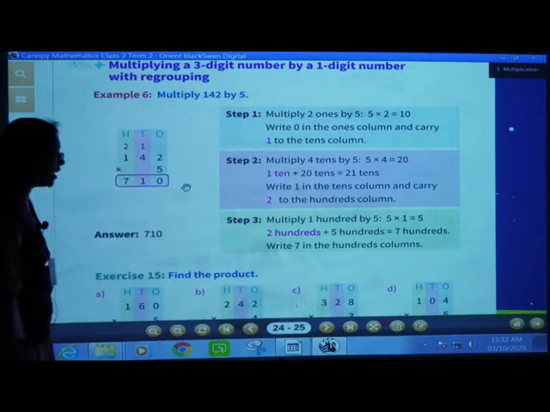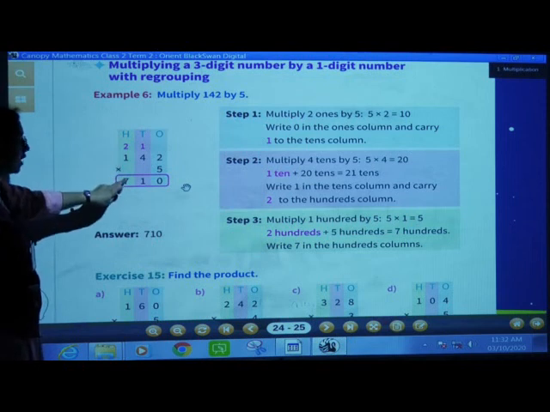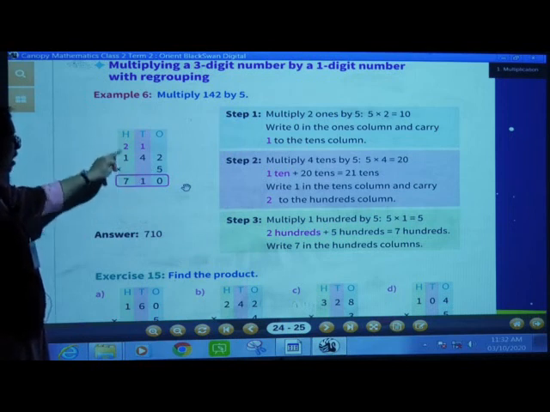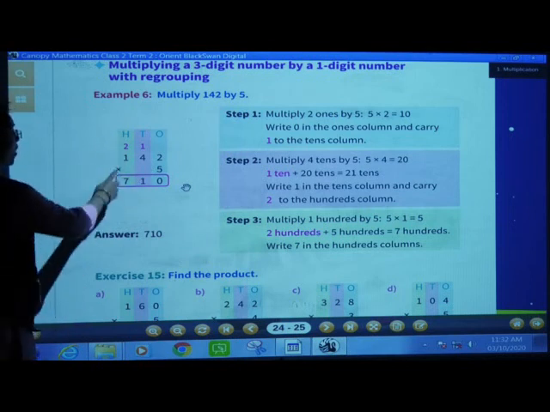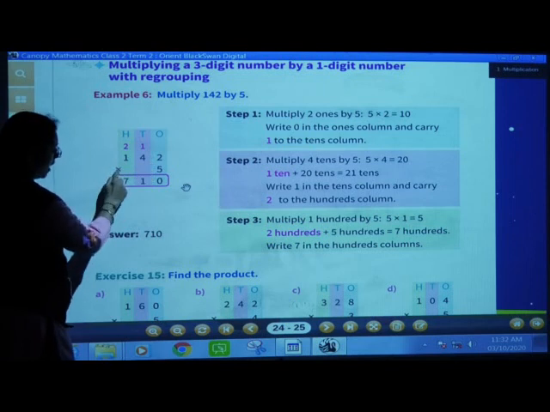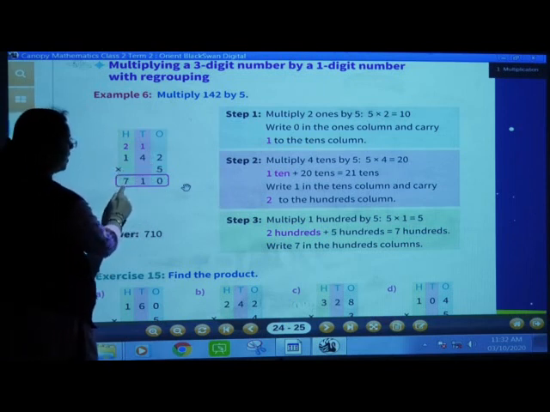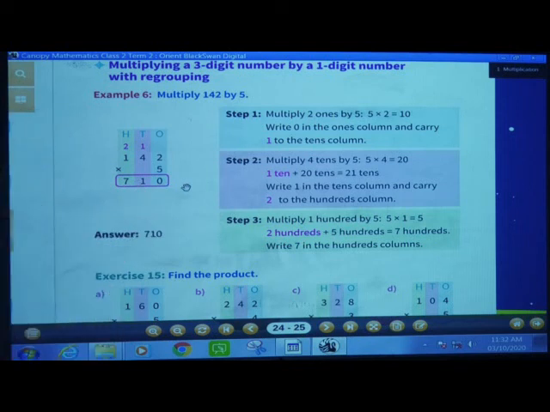Means 7 we have to write in the hundreds column. 700 is there. Therefore, 7 we have to write in the hundreds column. So, 142 multiplied by 5, the answer or product is 710. Do you understand?